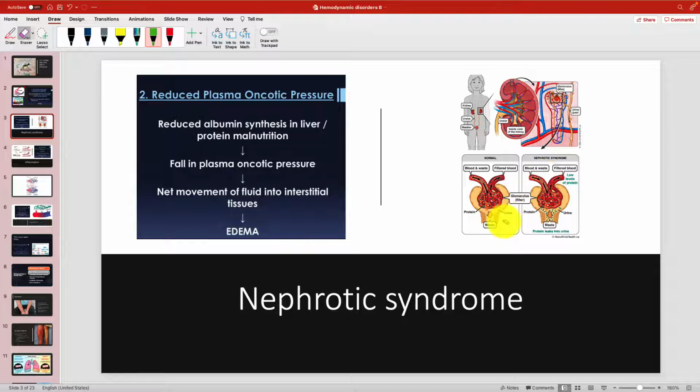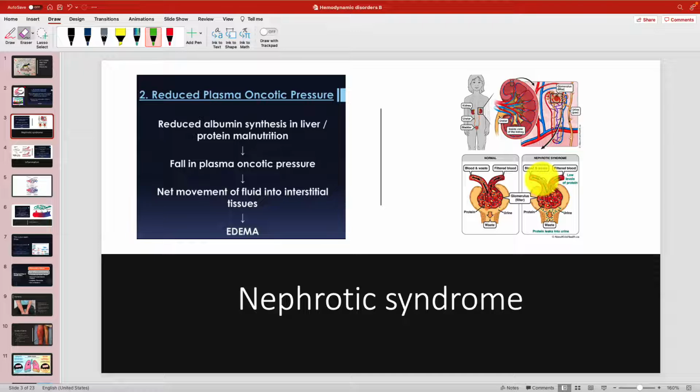When we look at, let me kind of zoom in here, we look at the kidney, right? And we see that in this kidney here, we have a normal nephron. And in this kidney here, we have nephrotic syndrome. So we have a nephron that's not functioning right.